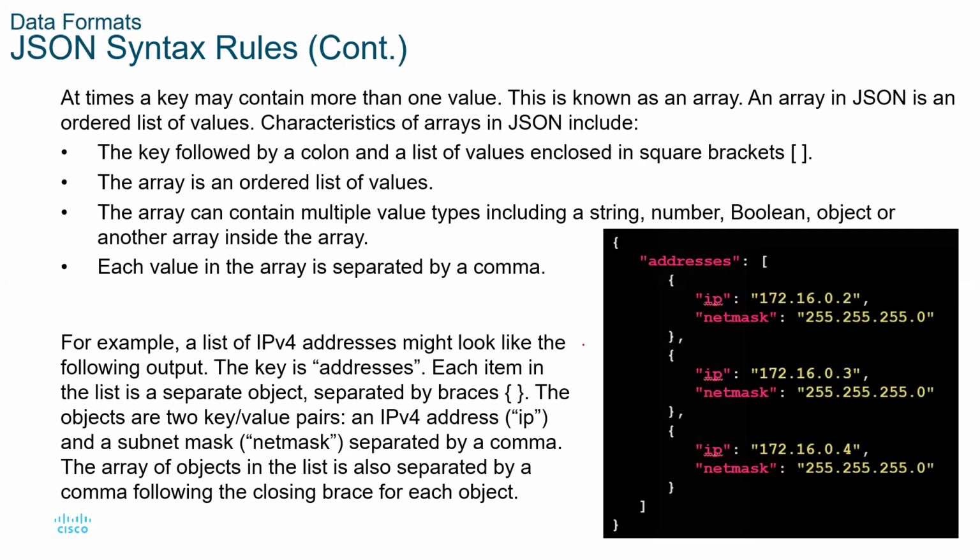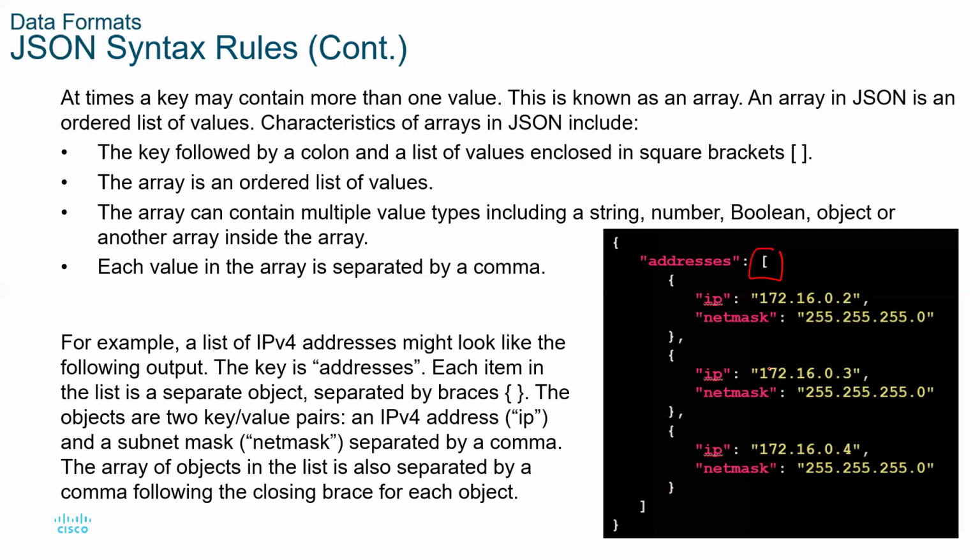Right, this is an example of an array. It's basically a list. Let's say, for example, today I have some interfaces on a router and my interfaces are three. I want to make a list of all the IP addresses of those interfaces. So instead of having separate key pair values, I put them in a list. How do I do that?